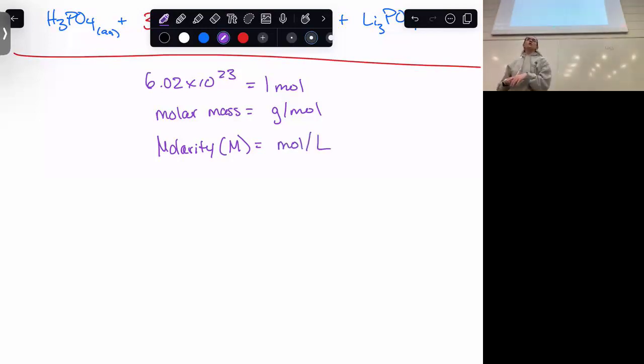So if we're given a volume of something, can we get to the moles? Yes, because we can use concentration. Can we get to the number of grams? Yes, we go from liters to moles, and then using the molar mass, from moles to grams. I like to write out my units so I can see a roadmap of how I'm going to use them.